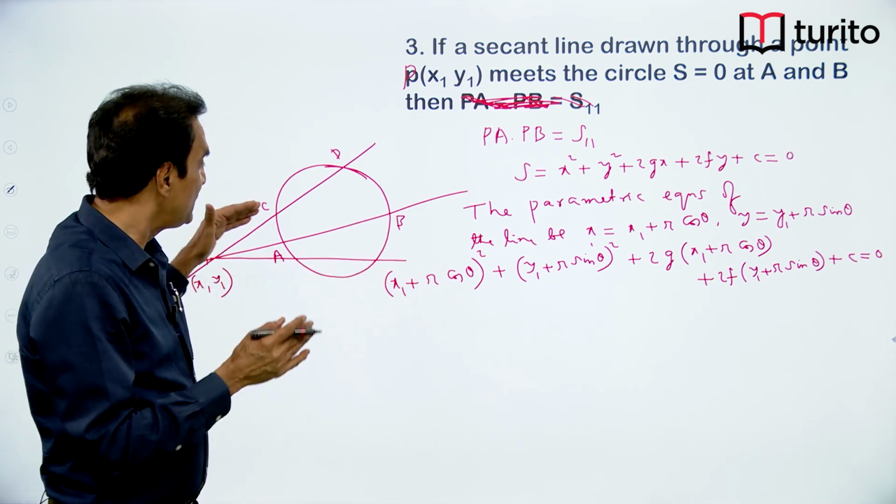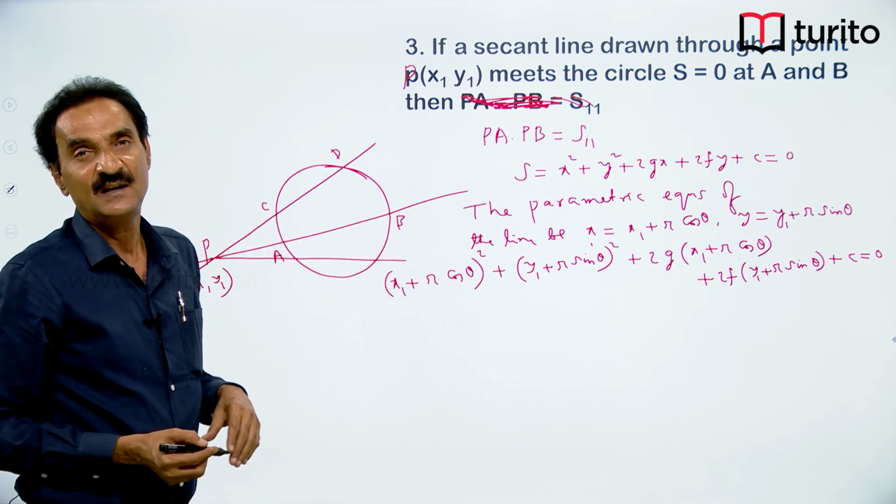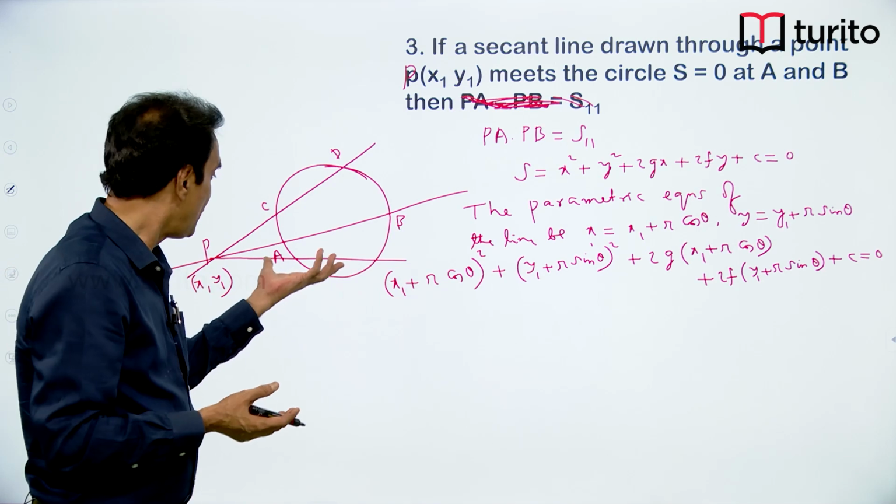By solving the equation of the line and equation of the circle, you will get the points of intersection.